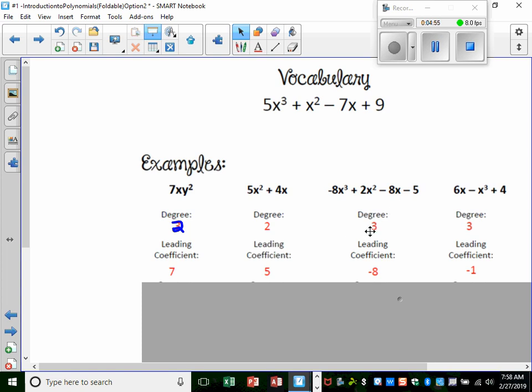For the exponent 3, the leading coefficient is -8. And for the exponent 3, the leading coefficient is -1. So the leading coefficient basically is the number in front of, or the coefficient to the degree that you just wrote down, okay? So you just look at that particular coefficient.